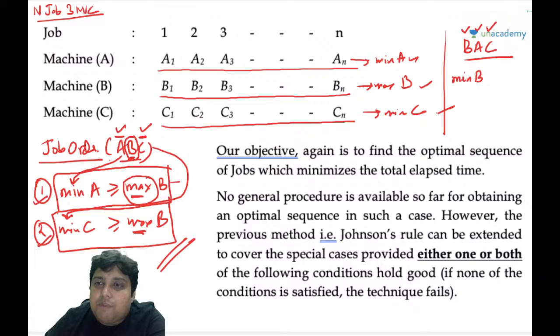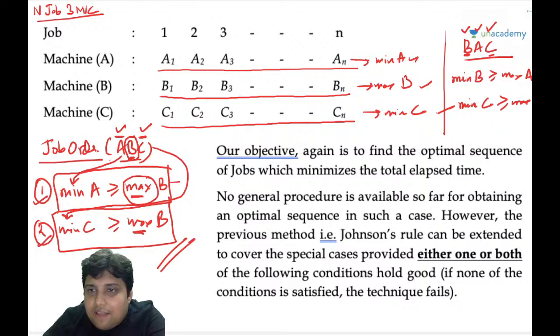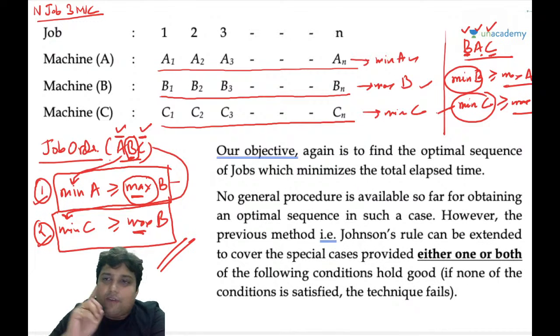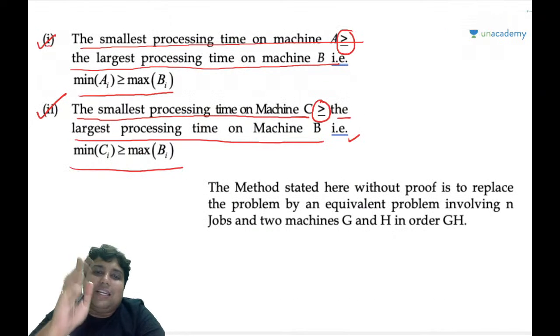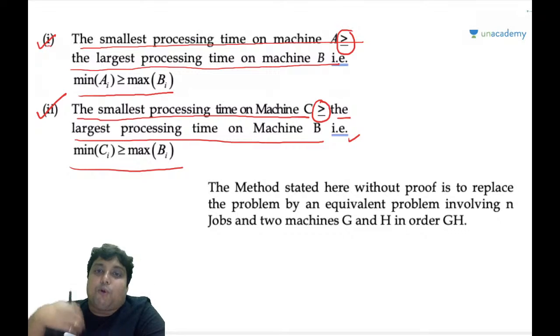Minimum of B should be greater than or equal to maximum of A, and minimum of C should be greater than or equal to maximum of A. The machines on the left and right, their minimum value should be greater than or equal to the maximum value of the one in the center. So even if one of the conditions is satisfied, I will proceed.